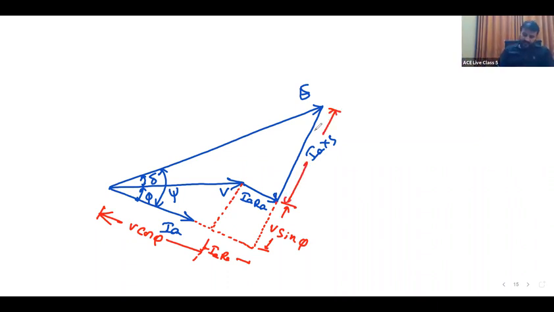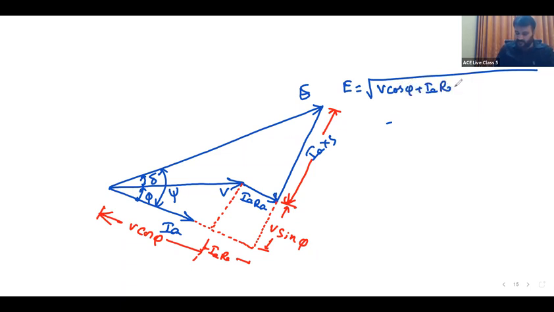Therefore, what is E? The equation is the same. From this diagram also, E is equal to square root of (V cos phi plus IARA) whole square plus (V sin phi plus or minus IAXES) whole square.